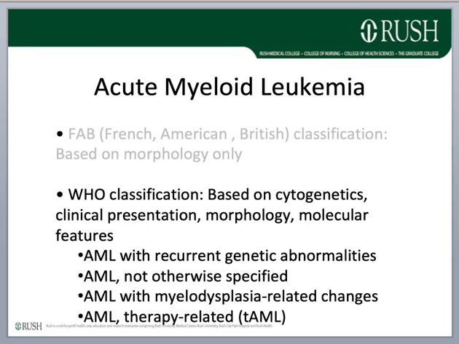Now we talk about AML with recurrent genetic abnormalities, AML not otherwise specified, AML associated with myelodysplasia-related changes, and finally, as alluded to before, therapy-related AML. So the classification becomes much more granular and complicated with incorporation of these other modalities. Your mission, at least for right now, is just to recognize AML and blasts and basically their general features.